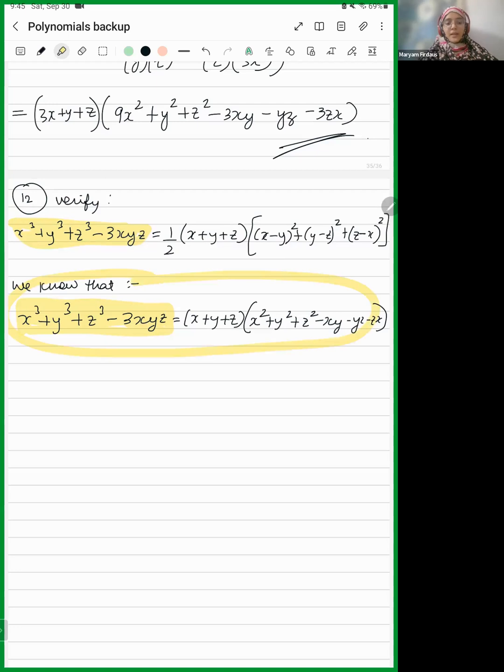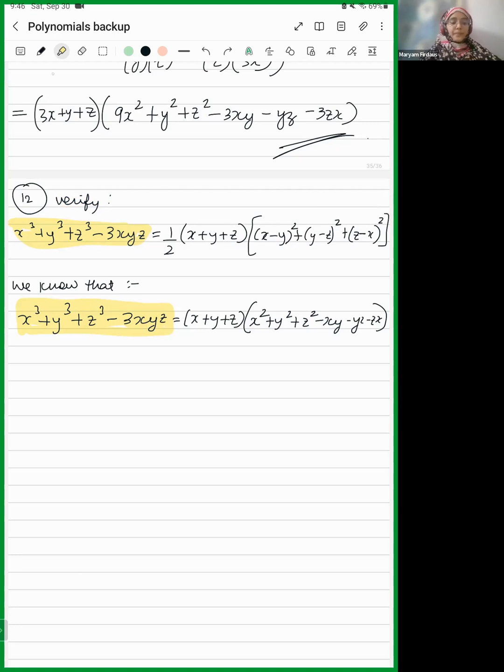From here, we are supposed to get to this, the verify part. See, the left hand sides are equal. All we have to do is change something in the right hand side.